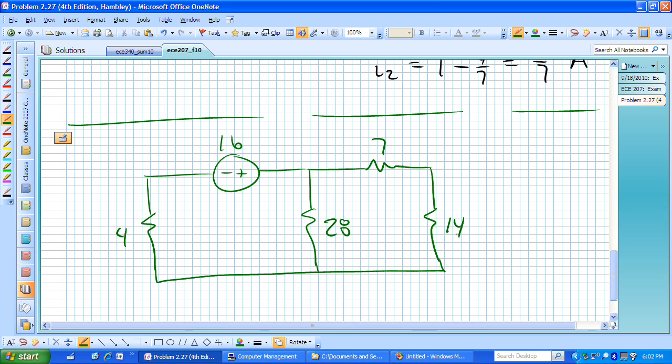Here is our circuit again. We have I sub 1 going up and I sub 2 coming down in the middle branch.